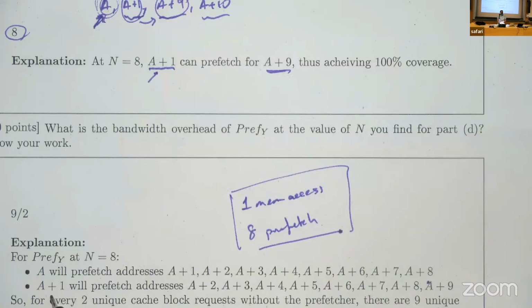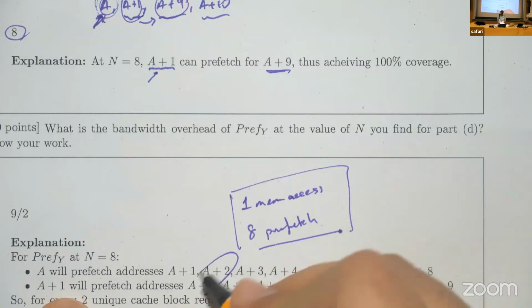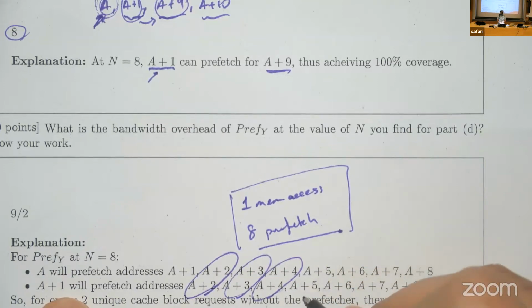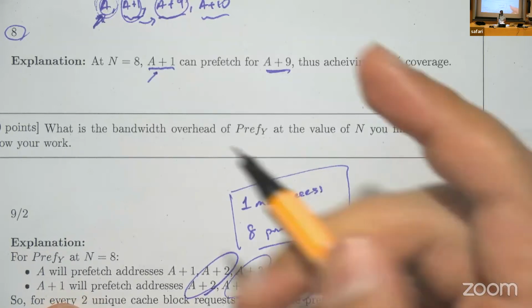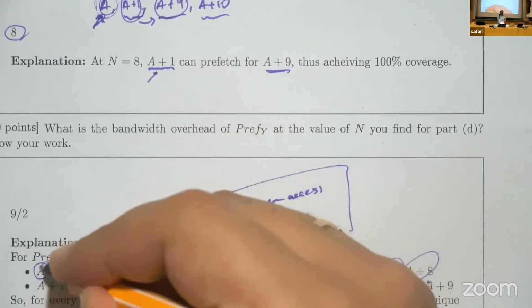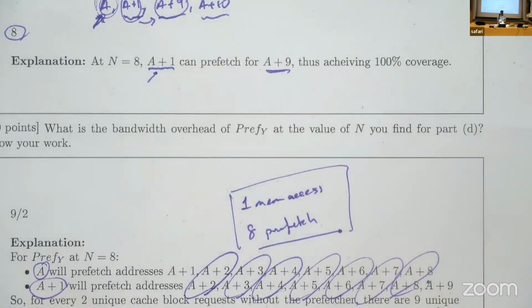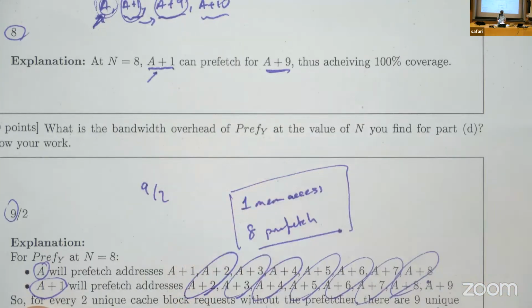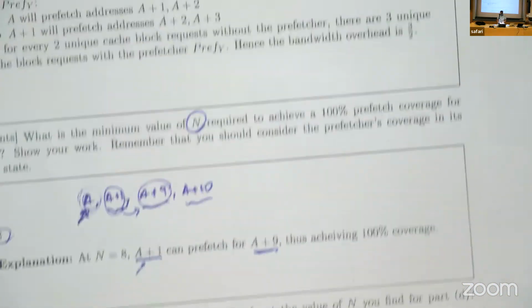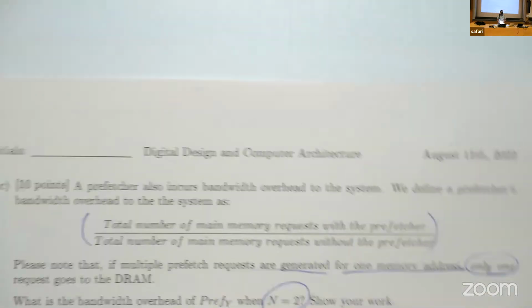And then once you have A plus 1 access, this will create prefetches for A plus 2 to A plus 9. Some of these will not be repeated because these are the same addresses. So when you simulate this particular access pattern, when you access 2 different locations, you will end up having 9 accesses. So it's 9/2. And this is the end of this question.